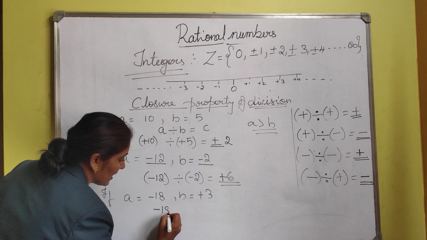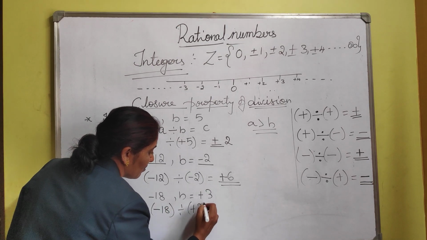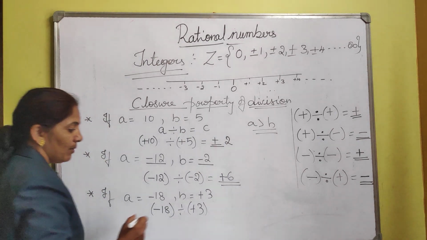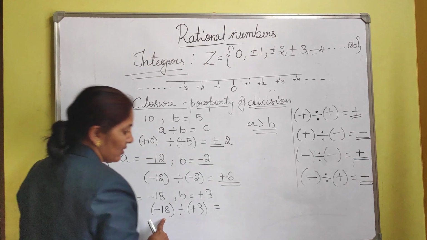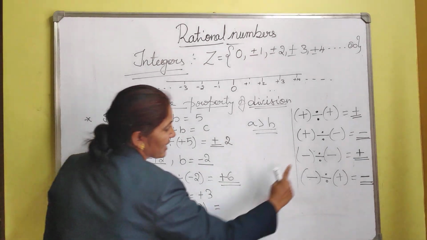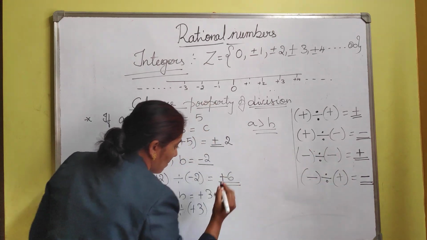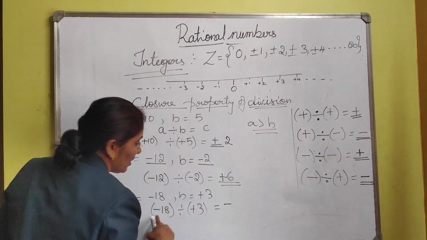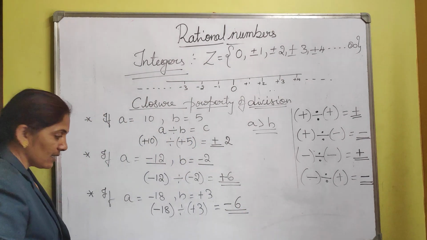Minus 18 divided by plus 3, 3 sixes are 18. But when we divide two unlike signs, minus and plus, what do we get? Minus 6, minus 6.